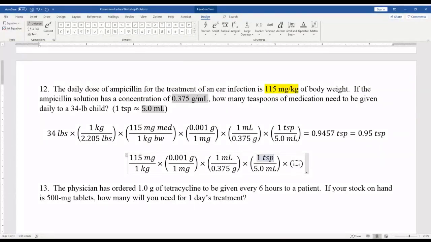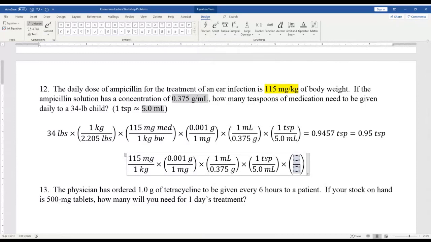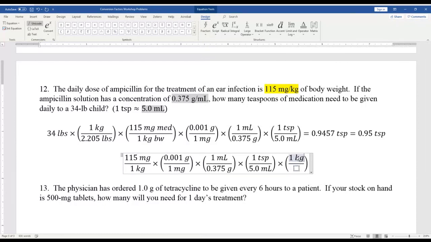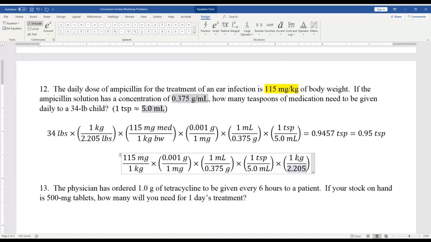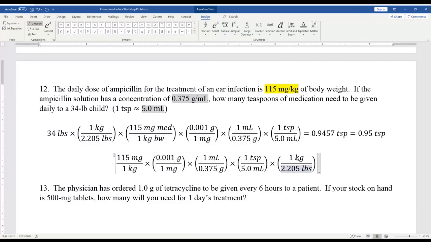Thank you. No problem. All right, so then we have the teaspoons, and all I have to do then is the one last step of converting the kilograms: 1 kilogram on top to 2.205 pounds on bottom. I'm trying to think if I missed anything. Nope, I think that's it.